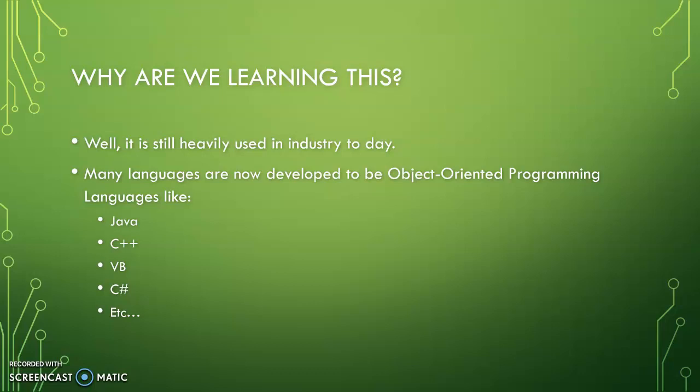Also, many languages use it today. You'll start recognizing that many languages are also object-oriented programming languages, such as Java, C++, VB, C Sharp, etc. Visual Basic, what you just got done doing, was an object-oriented programming language.